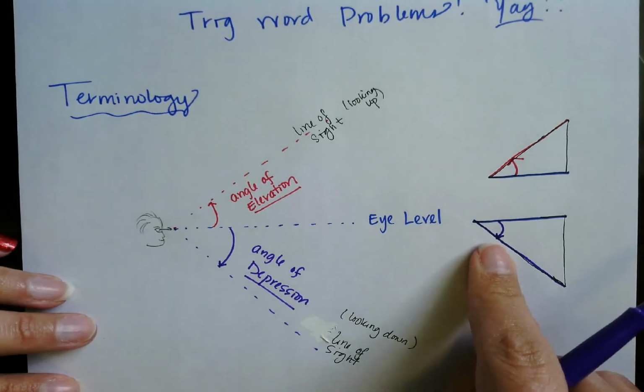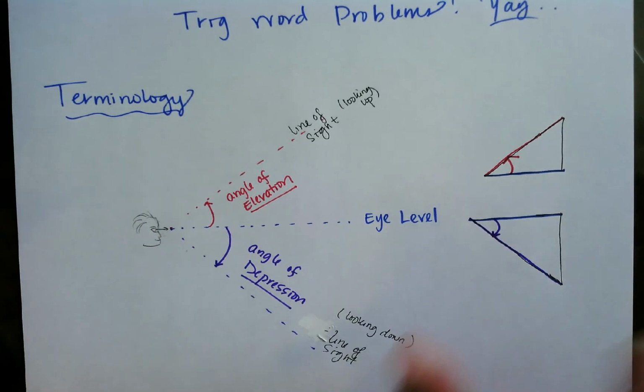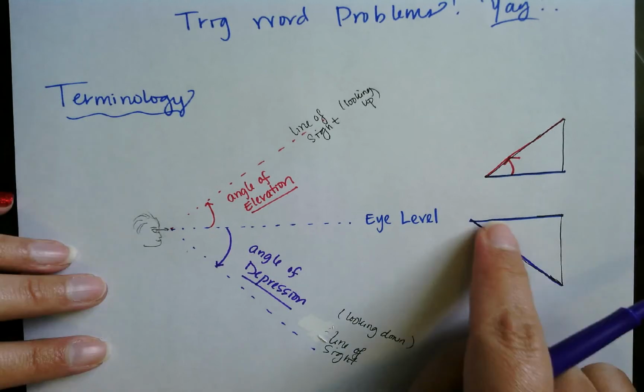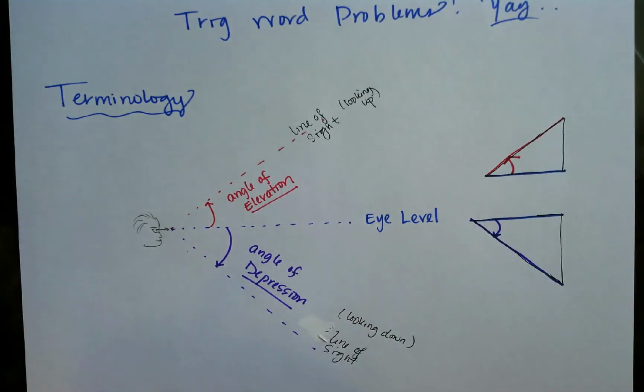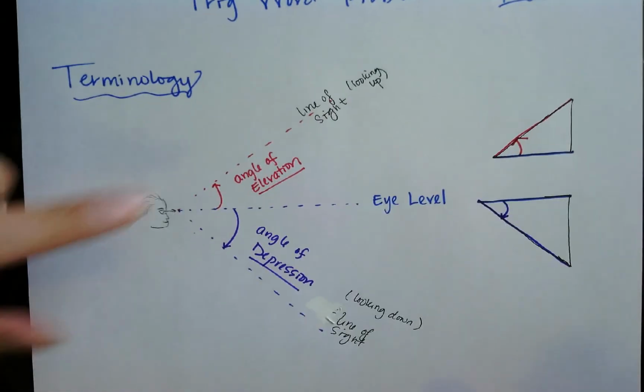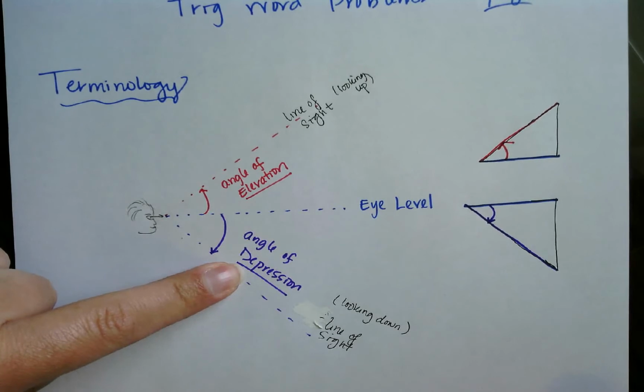So that's where people screw up. Your angle is always built off of your eye level, and then you go from there. Your eye level, and then either you're looking down or you're looking up. So that's what you need. Angle of elevation is looking up. Angle of depression is from looking down. Okay.